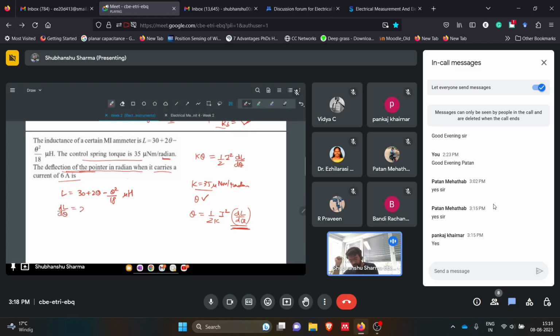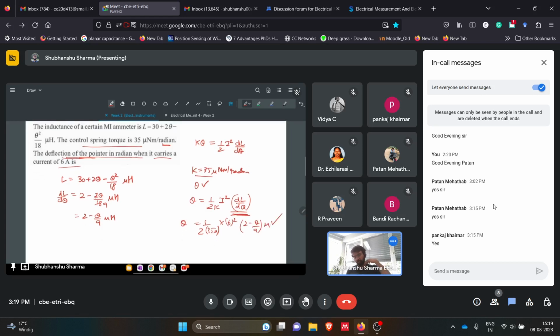So this is 2 minus 2 theta by 18 microhenry, which is 2 minus theta by 9 microhenry. So if we substitute this, the K value is 35 micro, we have I as 6 square, we have this as 2 minus theta by 9 micro, and we have theta. So I think this is simple. We can solve the value of theta from here.